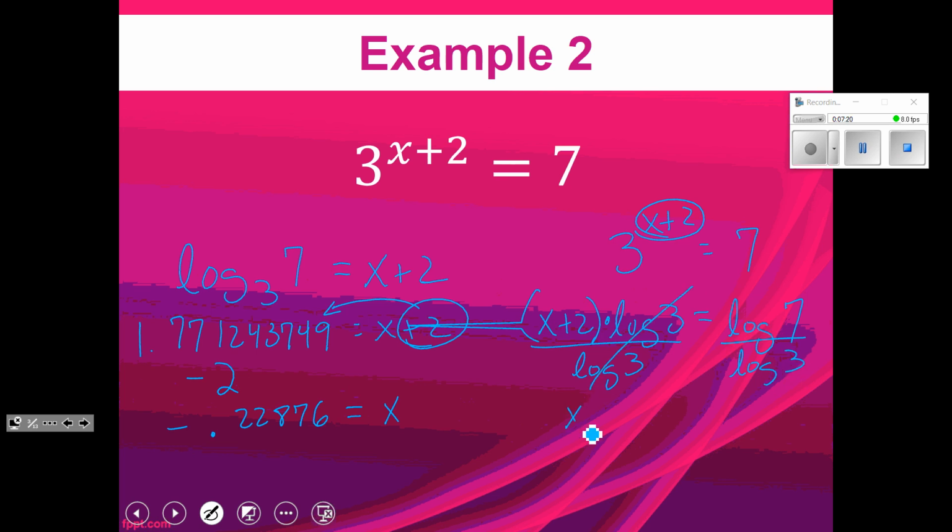Those will cancel, and x plus 2 is equal to the log of 7 divided by the log of 3, and you get that decimal, 1.7712437749. Then you move the 2 over and subtract 2, so x would equal negative 0.22876, which is the same thing.